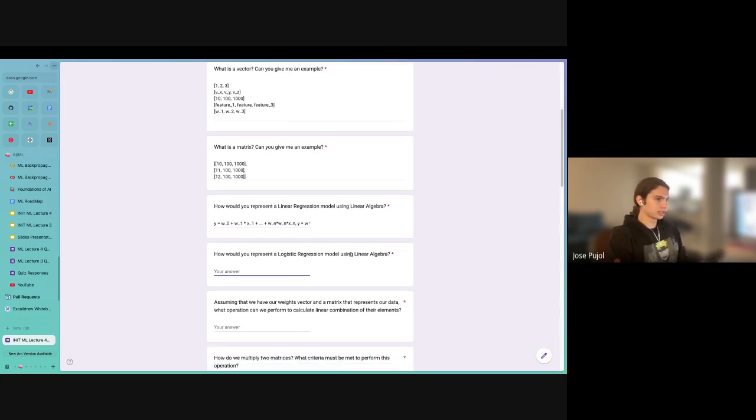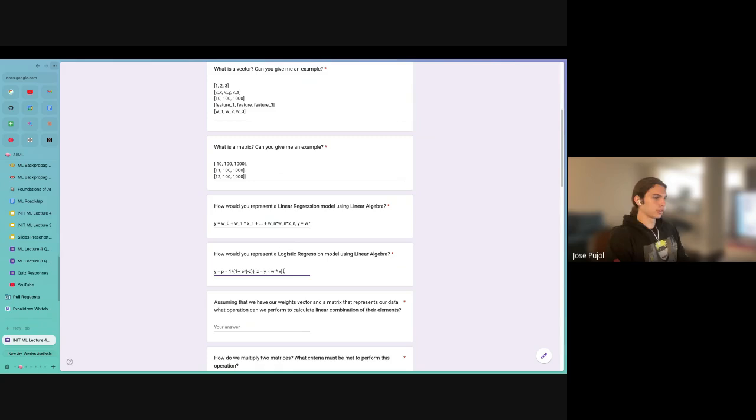And then for logistic regression, we have the same thing, but remember that here y, which we can also call the prediction, is going to be 1 divided by 1 plus the exponential function, e to the negative z, where z is this right here, which is what we went over.